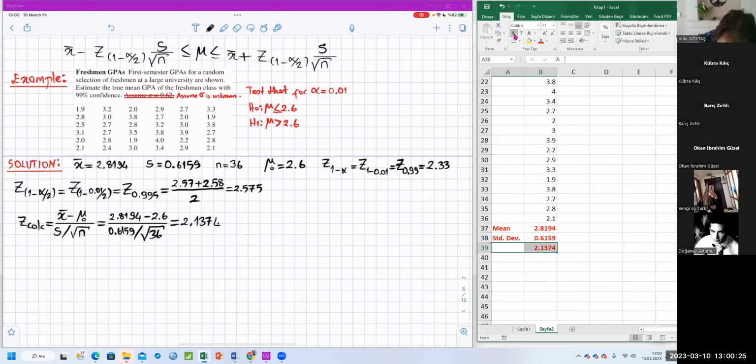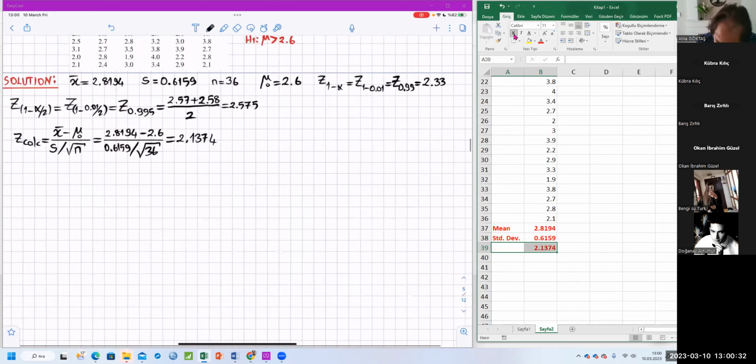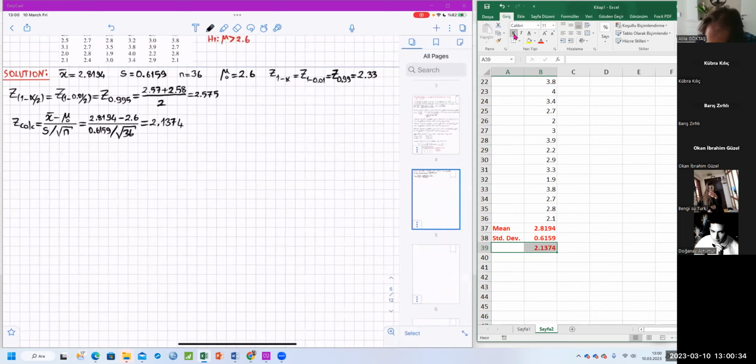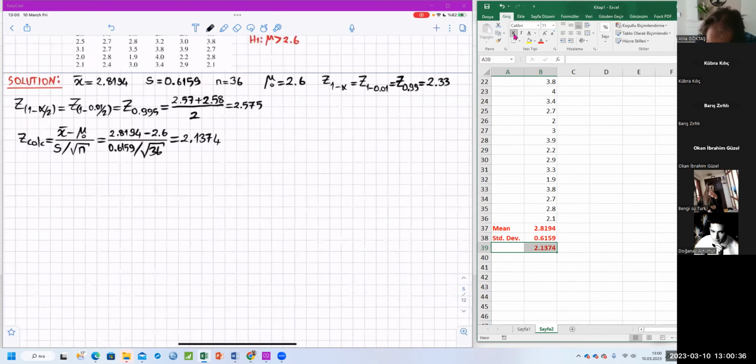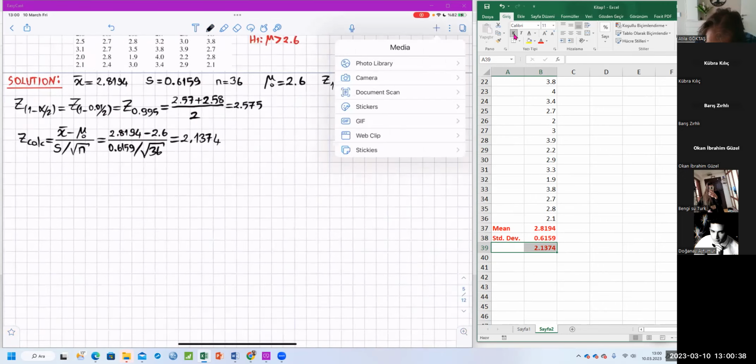Then from this value, I can easily tell whether the null hypothesis is rejected or not. So I'm going to place a graphical display of the Gaussian distribution.